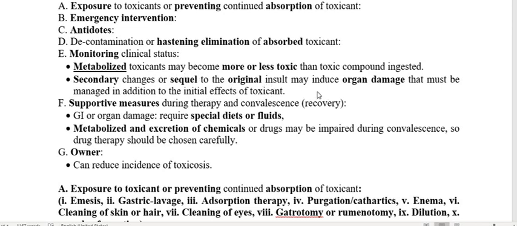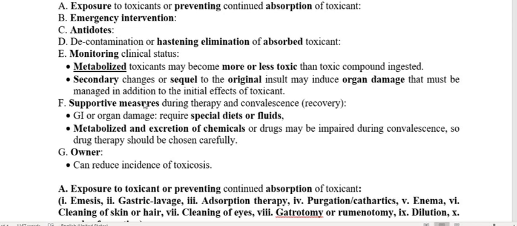So we have to see the sequel of poisoning in monitoring the clinical status, and we also have to monitor whether the toxicant gets metabolized within the body of that poisoned animal. We have to see whether the metabolized toxicant is more or less toxic.